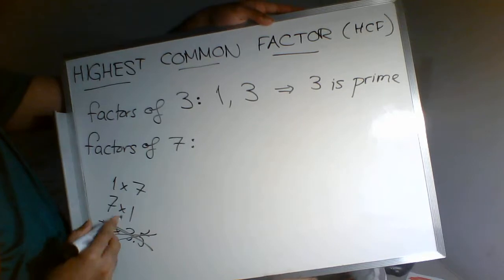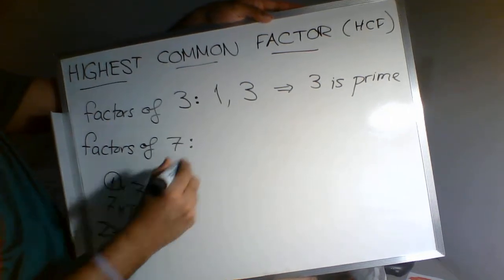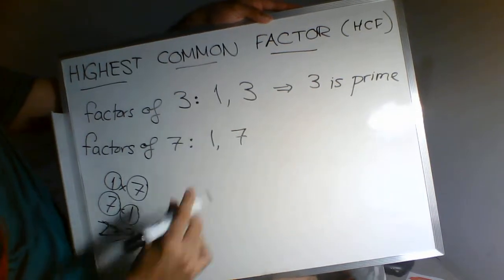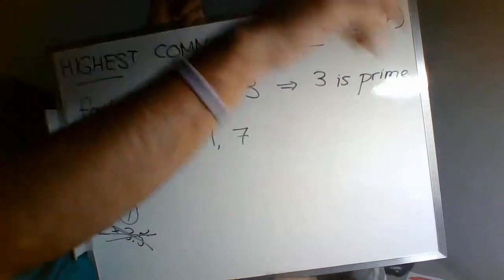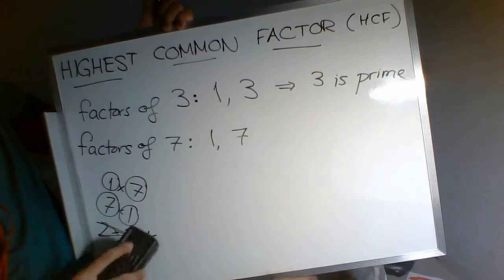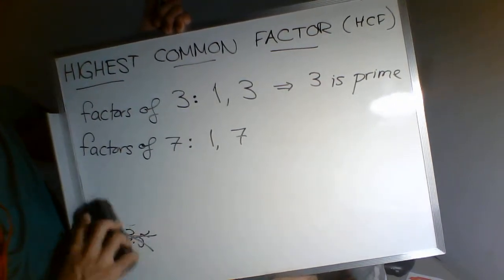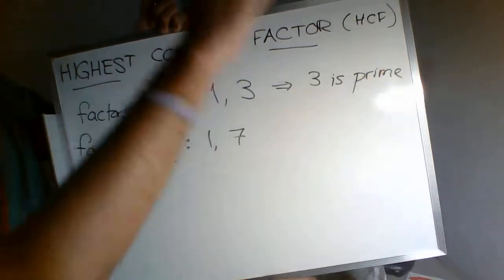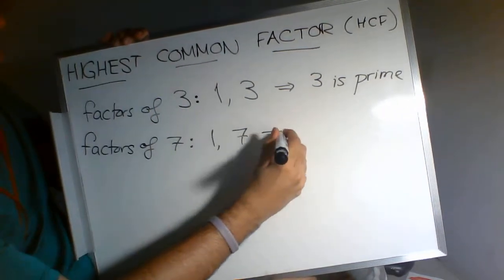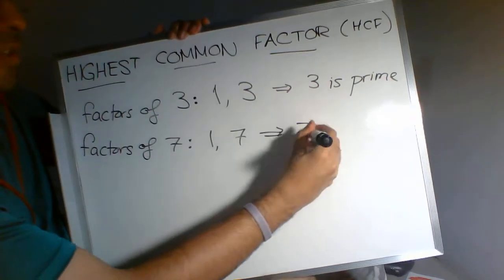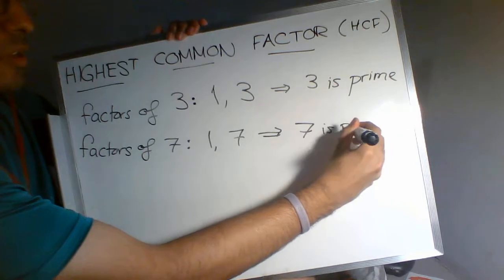So the only numbers that we have are 1 and 7. And again, we don't care if they show up once, twice, thrice, whatever. There's no other way to create the number 7 by multiplying 2 whole numbers together. So this tells us, just like with 3, that 7 is prime.